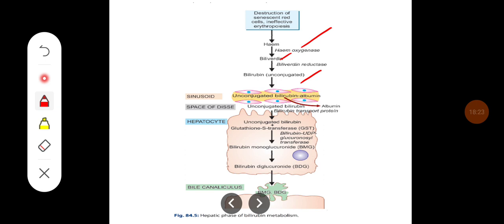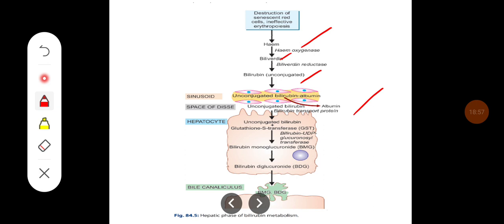When it is received at the hepatocyte, initially the albumin leaves and only bilirubin enters the hepatocyte, and in the hepatocyte it combines with glucuronic acid to form bilirubin monoglucuronide and then bilirubin diglucuronide.